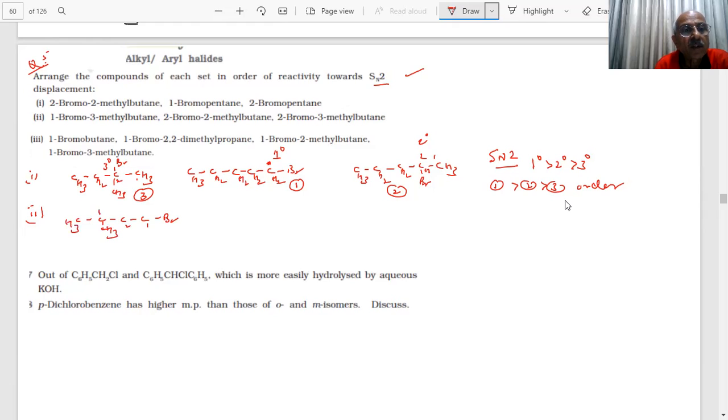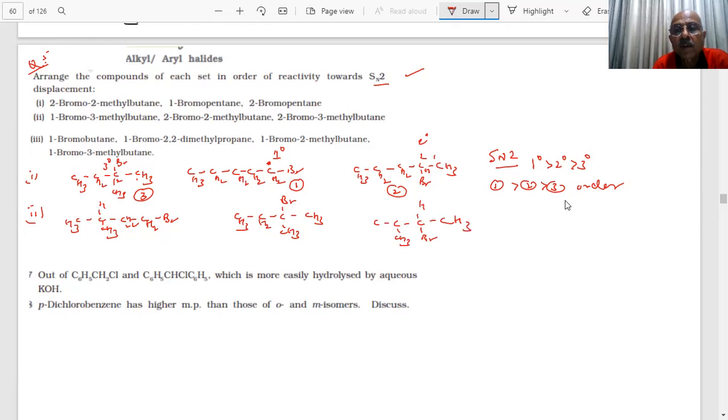The next one is 2-bromo-2-methylbutane, this is tertiary. And the last one is 2-bromo-3-methylbutane, this is secondary.